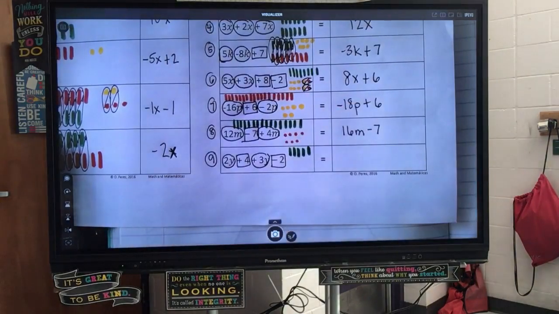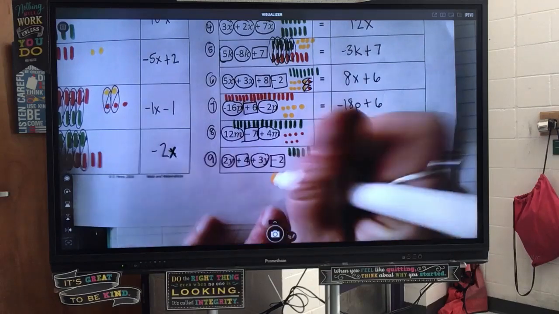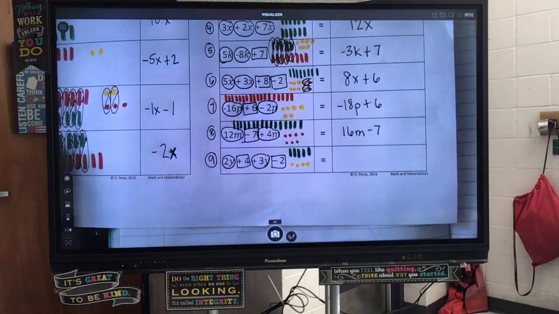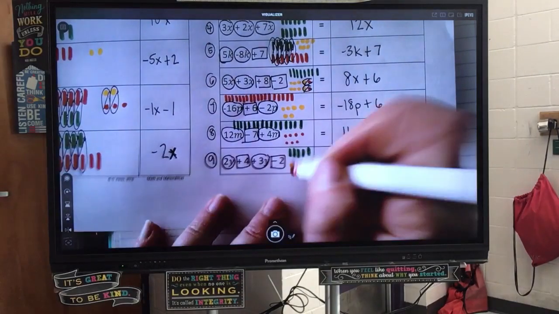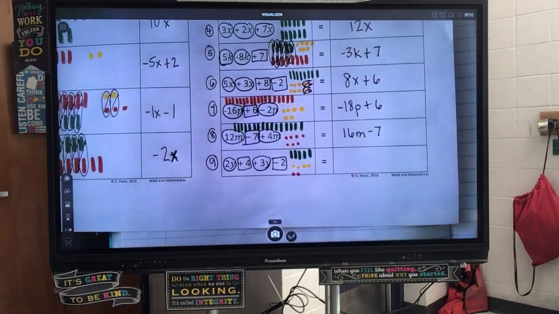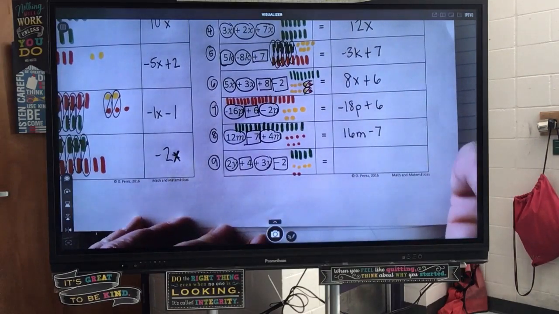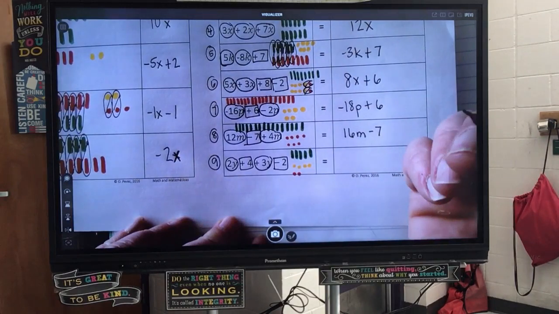How many positive 1's do I have? 4. And how many negative 1's do I have? 2. Can I cancel anything out? Okay, what can I cancel?